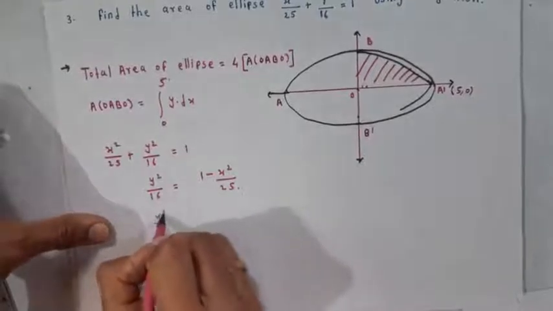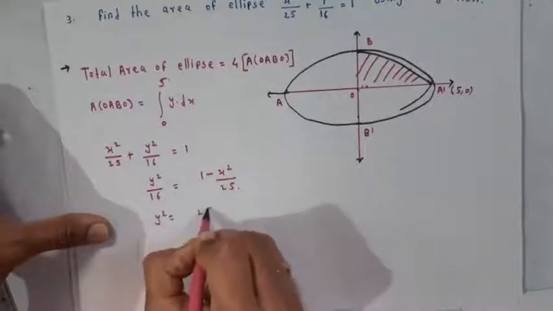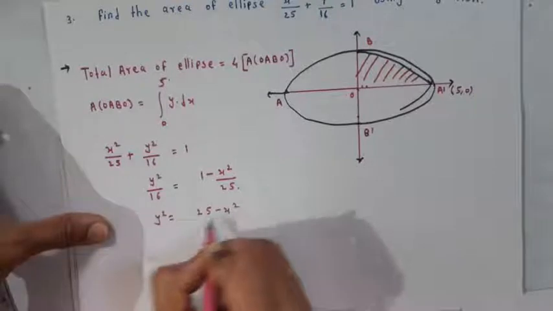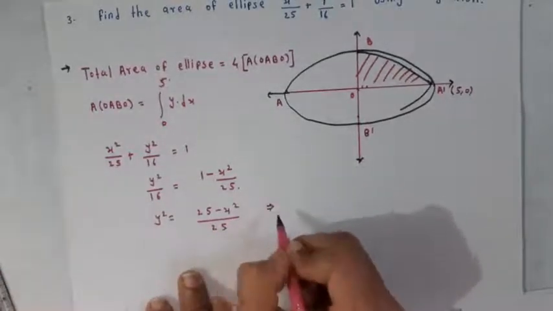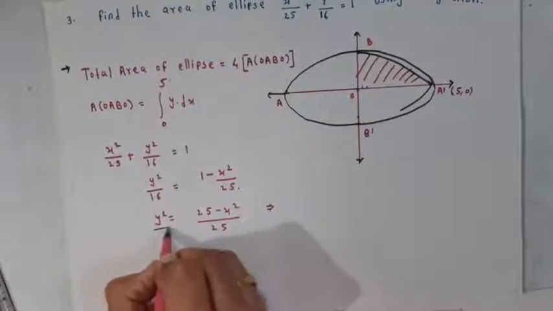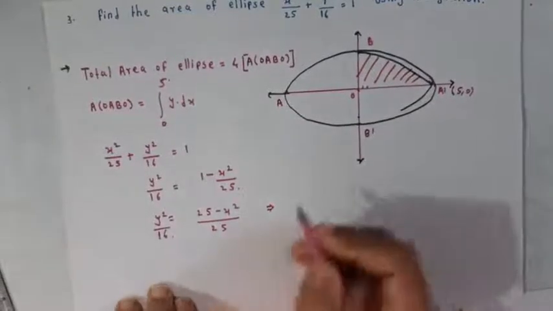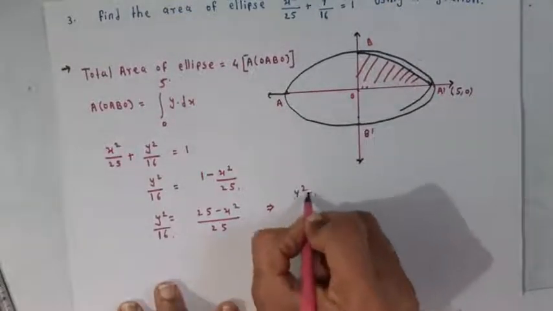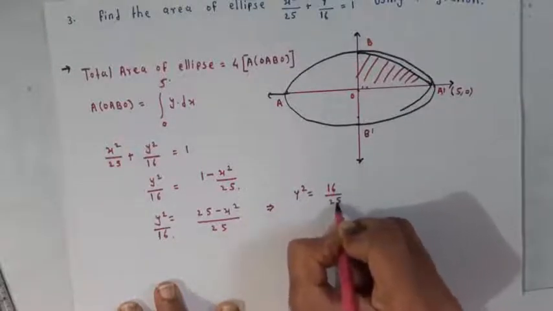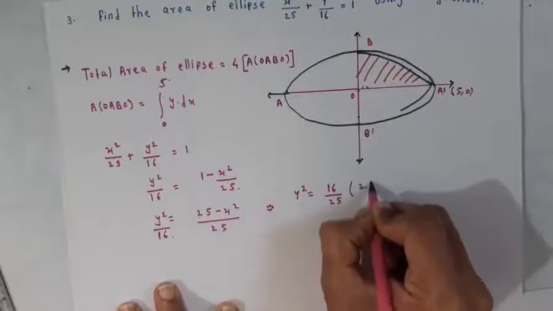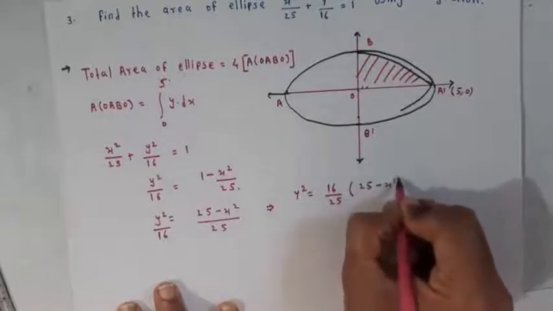This implies y square equal to 25 minus x square upon 25. This implies y square equal to 16 upon 25 into 25 minus x square.